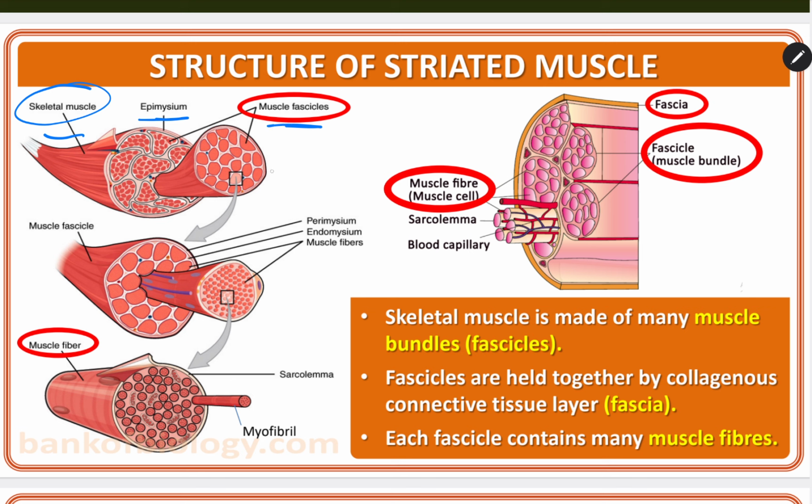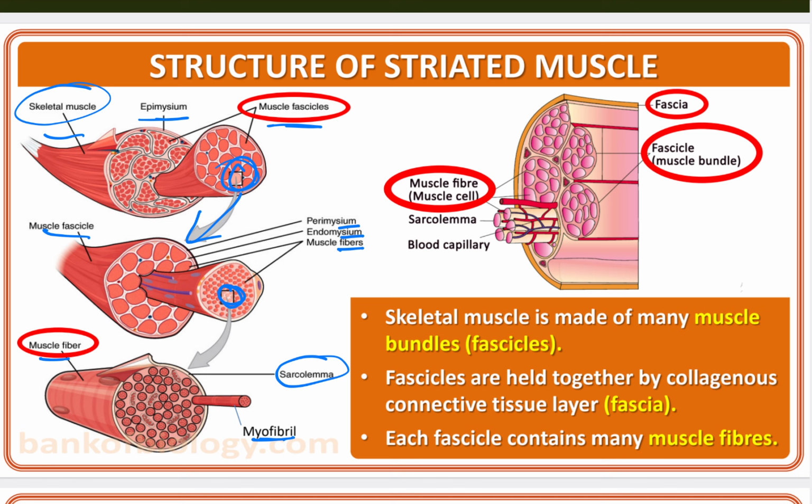Zooming this portion, in this diagram, muscle fascicle, and inside that again perimysium, endomysium, muscle fiber. If you zoom this tiny part, again it is muscle fiber, and there is a covering called sarcolemma, and inside it myofibrils are present.